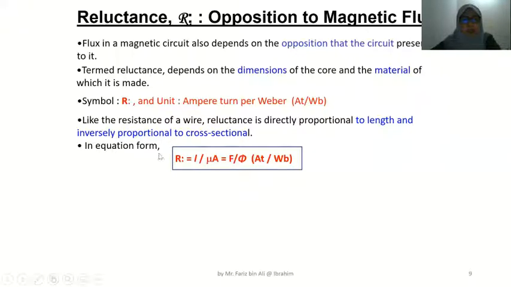In mathematical form, the reluctance is equal to L divided by mu times A: the length divided by the permeability times the cross-sectional area in meters squared. This is also equal to the MMF divided by the flux, and the unit is AT per Weber, or ampere-turns per Weber. So this is the reluctance.